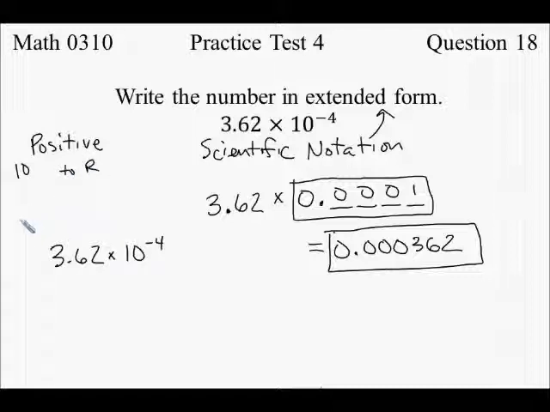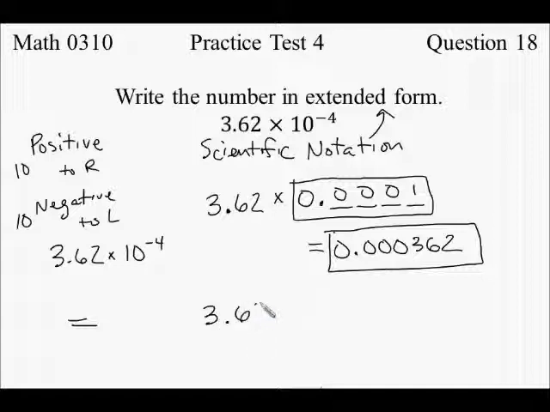And if we have 10 to some negative power, then that is going to move our decimal place to the left that many places. So here, since we have a negative fourth power, it's going to move our decimal place 4 to the left.